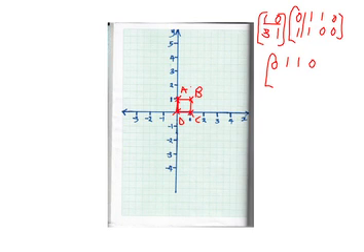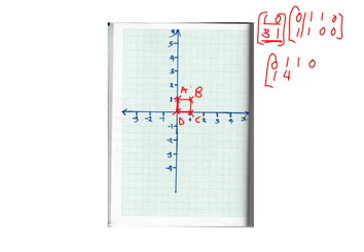Now to get the y coordinates, we take the second row. So we have the second row multiplied by the first column, which is 3 multiplied by 0 to give us 0, plus 1 multiplied by 1, which is 1. The second row and the second column will be 3 multiplied by 1, which is 3, plus 1 multiplied by 1, which is 1. So this becomes 4.